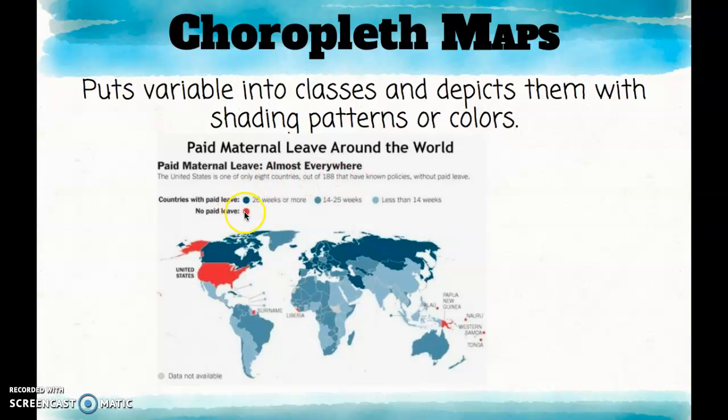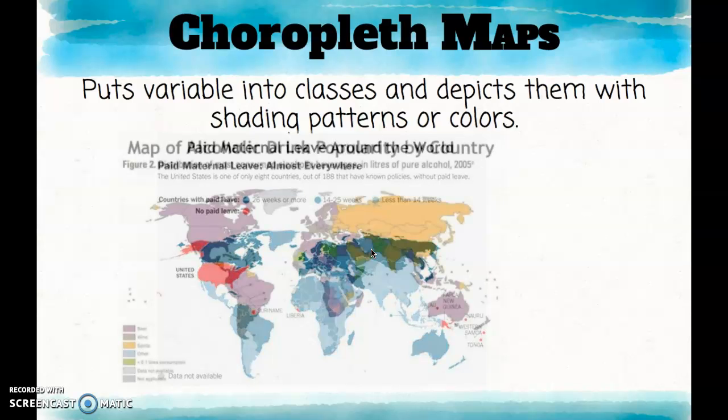And then you can see they've made a very strong distinction here and they've decided, instead of doing another shade of blue, to use red to depict countries where the government does not require any paid maternity leave. Okay, so you can see here that we've got different classes, right? 26 weeks or more, 14 to 25 weeks, less than 14 weeks, or none, and they have chosen to shade the features on the map in these different colors to show that data.